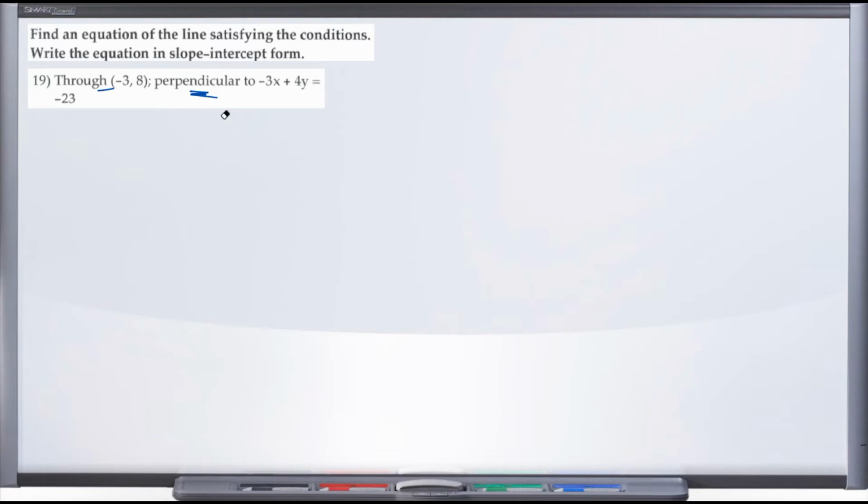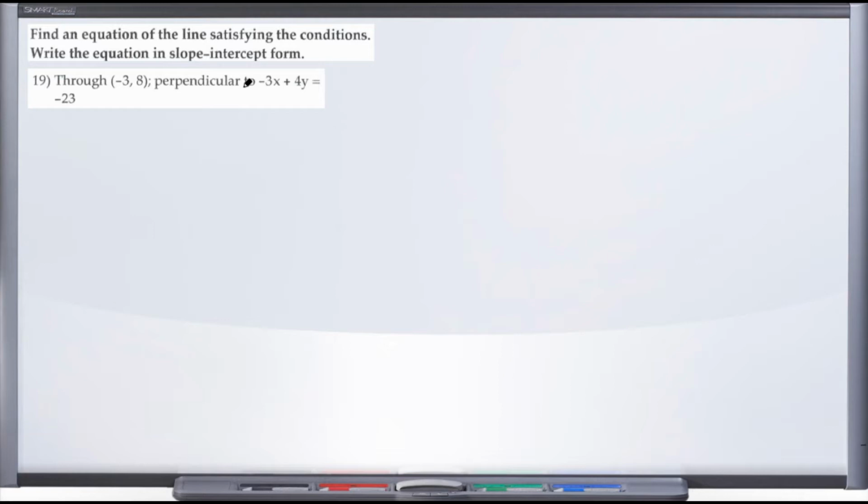And if you'll recall from earlier in the review series, we talked about slopes of lines that are parallel, slopes of lines that are perpendicular, and then slopes that are zero and slopes that are undefined. And we know that with perpendicular lines, the slopes are opposite reciprocals.